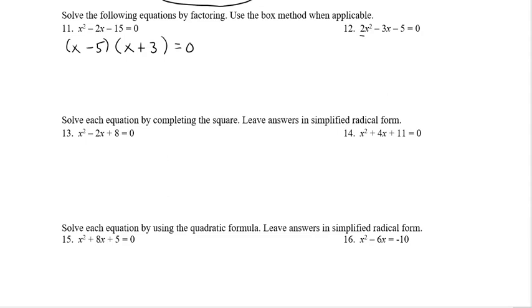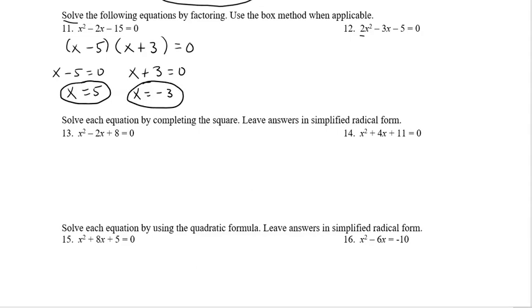Now, I've done factoring, but I haven't done any solving at this point. Solving means take these two factors that each contain x and treat them as two separate equations. And now I've got solutions. I've got actual numbers that we could plug in for x to make the equation equal 0.